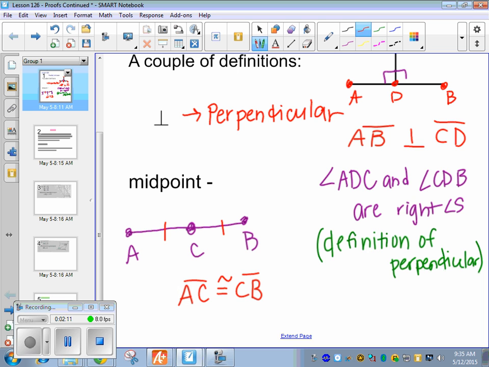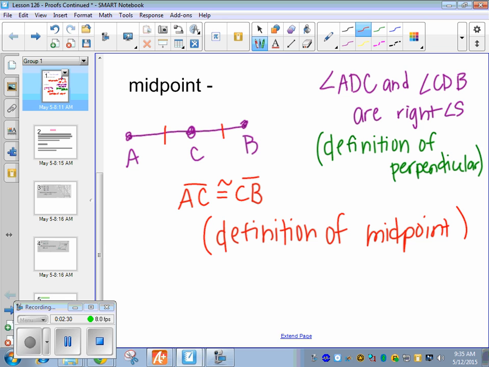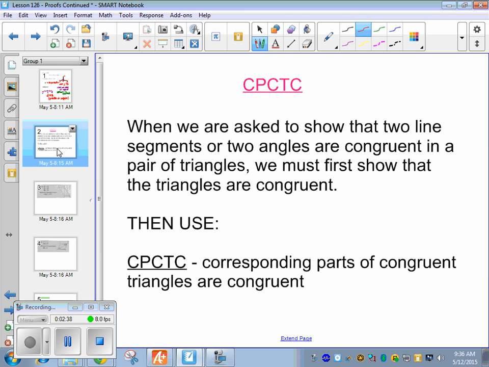Because midpoint means it's exactly halfway, right? It's exactly in the middle. So if you have a midpoint, we know we have congruent parts. And what would our reason be here? Definition of midpoint. Okay, so use definition of perpendicular and definition of midpoint when you're proving proofs.